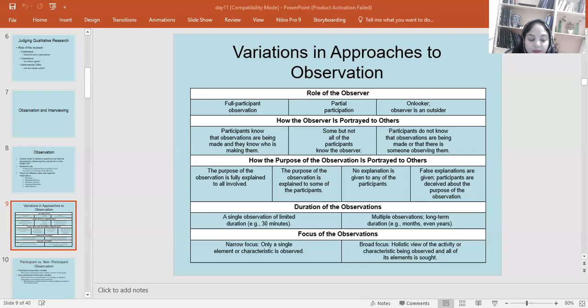Suppose you are observing their teamwork and the collaboration and interaction with each other, but you inform them that you are observing only their work routine and how they perform their functions as an individual during the day.